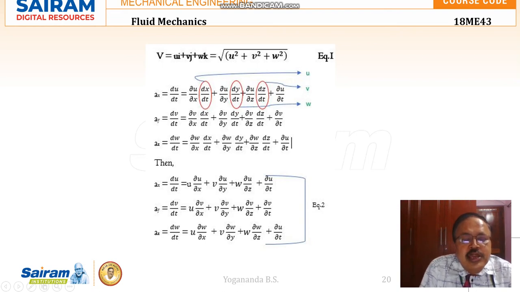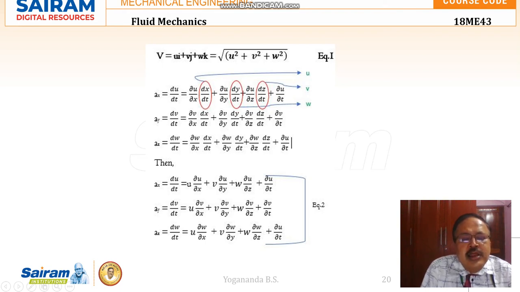Acceleration ax is du by dt. Distance traveled by time taken is the speed, so this is velocity by time taken. So if we write the partial derivatives of du by dt, we have del u by del x into dx by dt plus del u by del y into dy by dt plus del u by del z into dz by dt plus del u by del t.